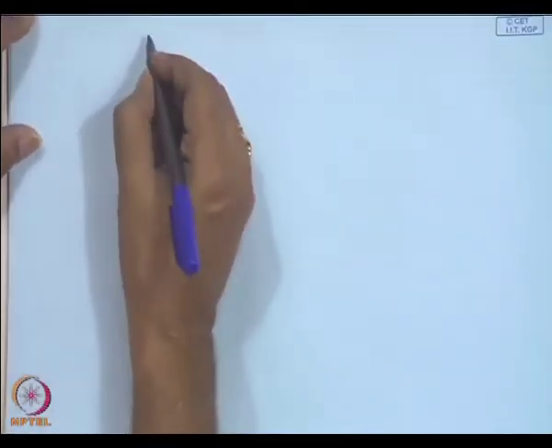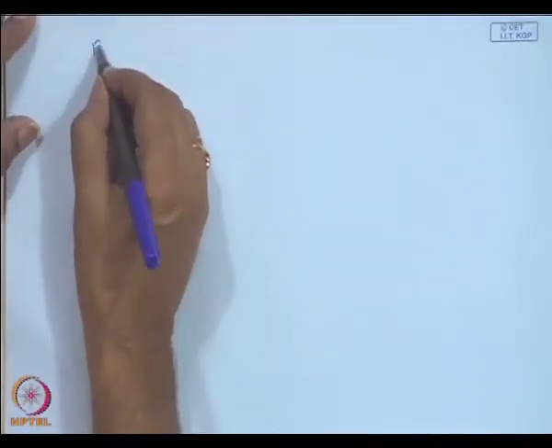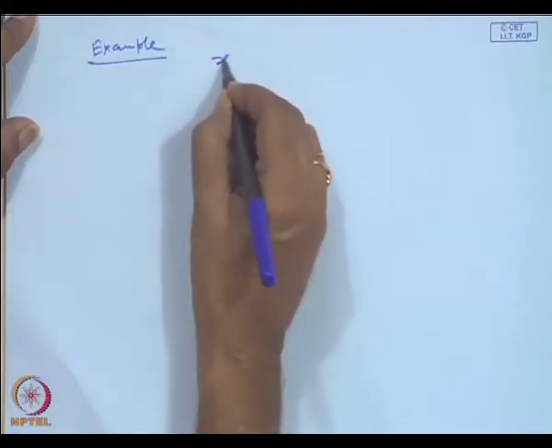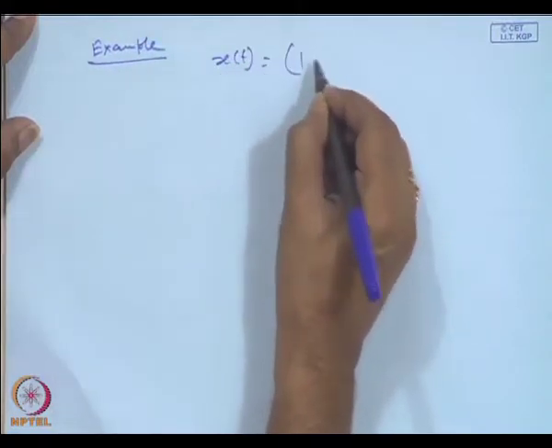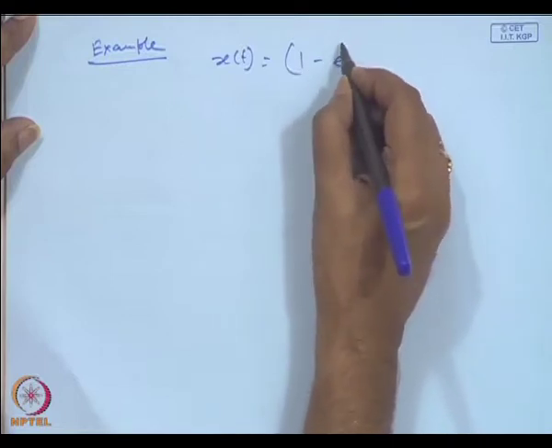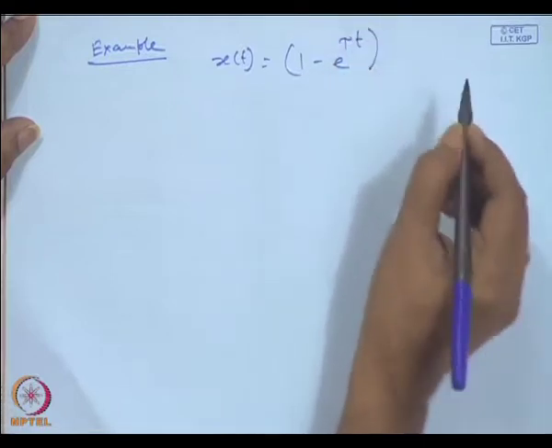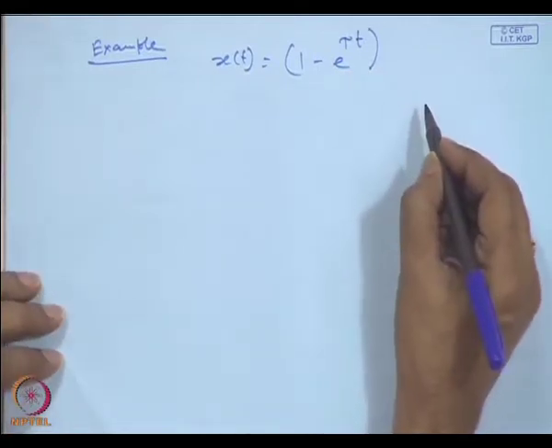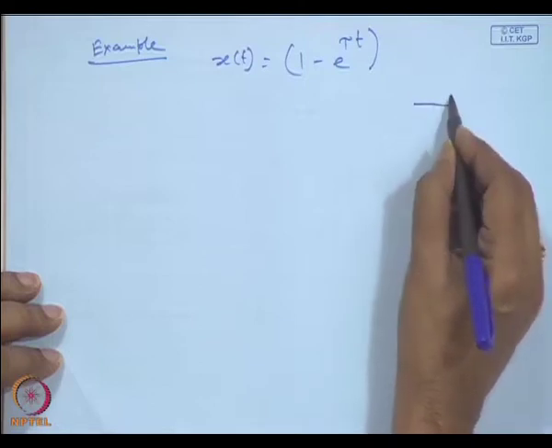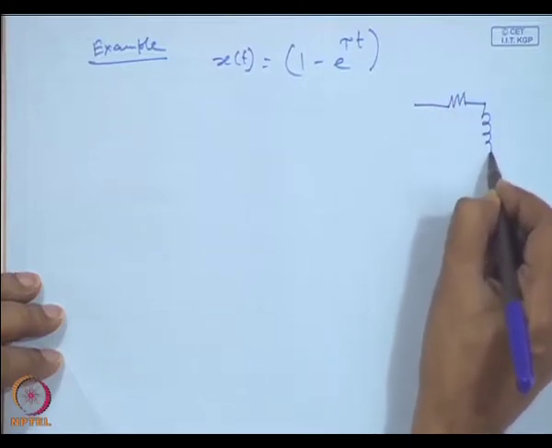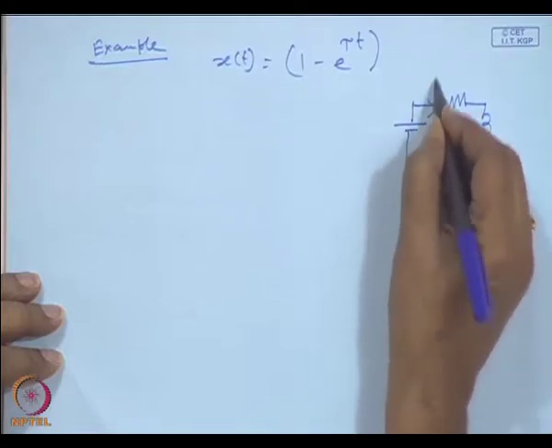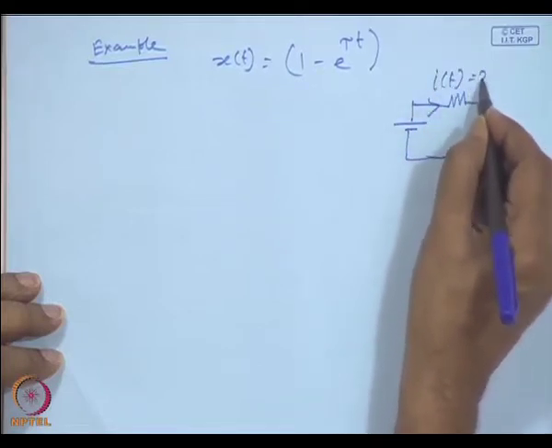We have a signal, for example x of t is equal to 1 minus e to the power of minus t over tau. You can say you have a simple resistance and inductance excited with a DC voltage, and this is the current I am considering as x of t.